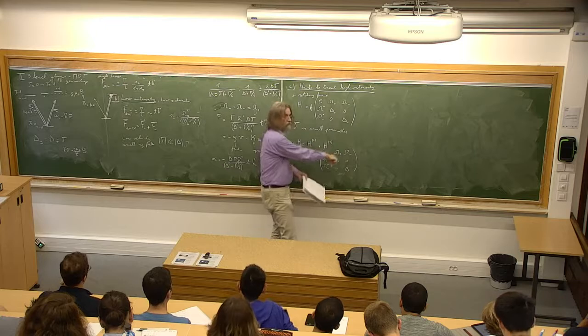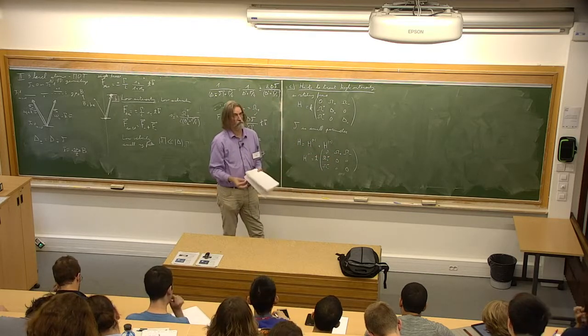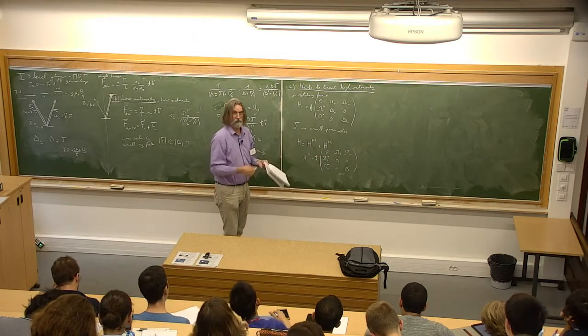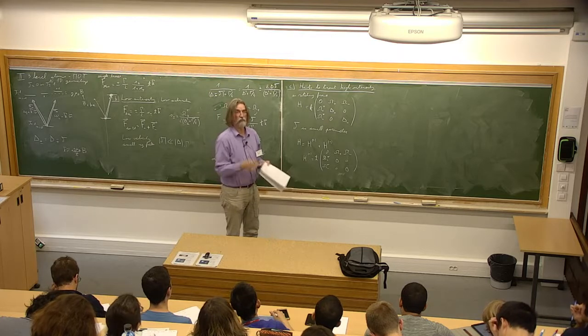And so this is the Hamiltonian of a 2-level system, and for a 2-level system you know how to compute everything.